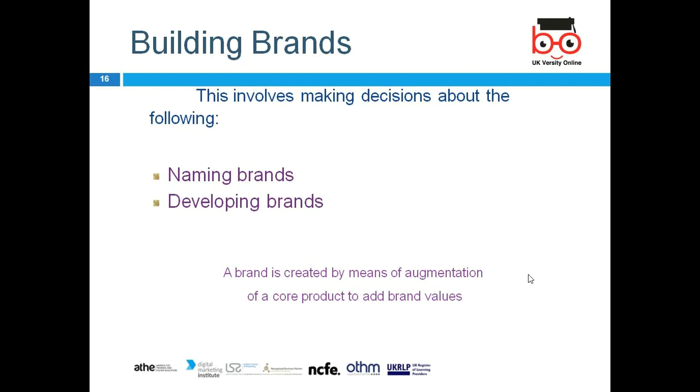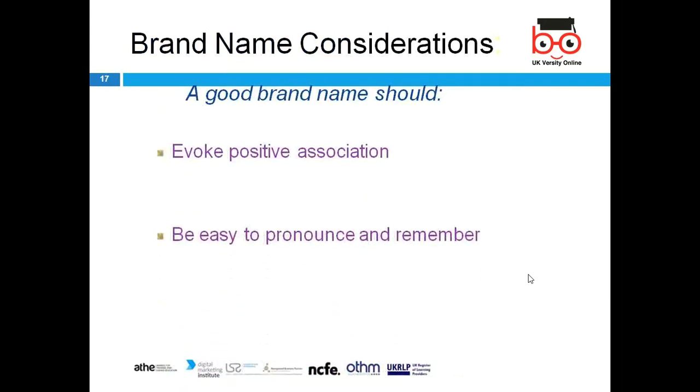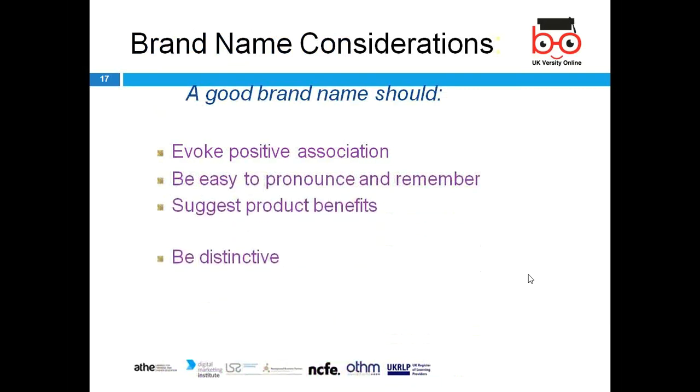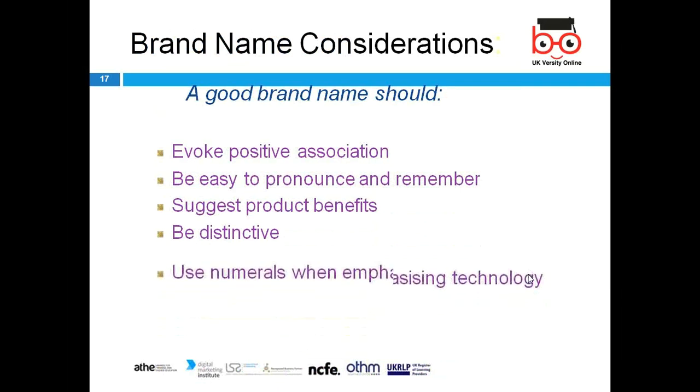When you're making the contract, you need to make sure they follow the legal and the moral or ethical values. So provide the national minimum wage, not be involved in child labor and those sorts of things, because that can harm your brand instead of developing your brand. So a brand is created by means of augmentation of the core product to add value. So we need to make sure we add value, not reduce the value of the brand.